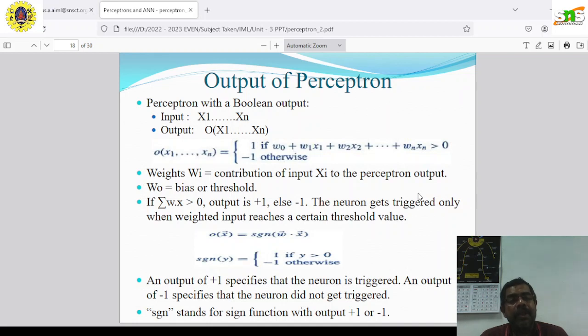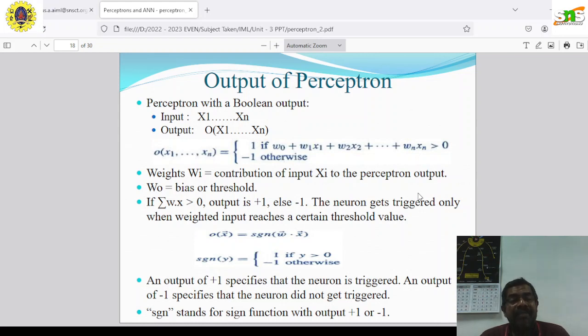If the summation of wi into xi, that means wx, is greater than 0, the output is positive. If it is less, the output is -1. So the neuron gets triggered only when the weighted input reaches a certain threshold value.